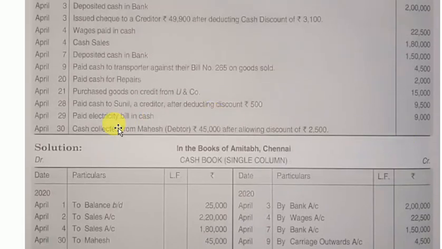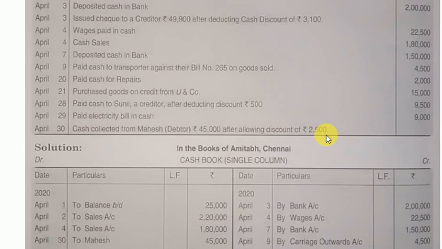And comes the last transaction, that is April 30, cash collected from Mahesh, a debtor, 45,000 after allowing a discount of 2,500. So here we are collecting the amount of 45,000 from the debtor, that is Mahesh, after allowing 2,500 as a discount.